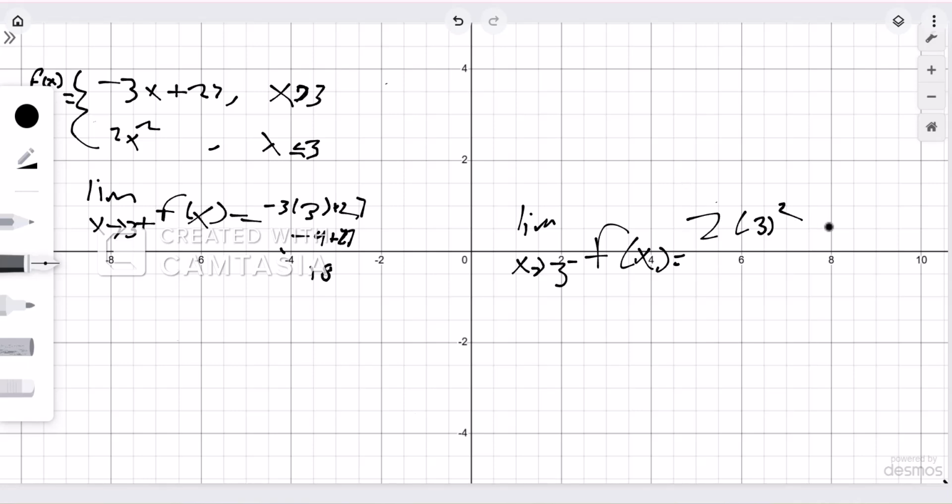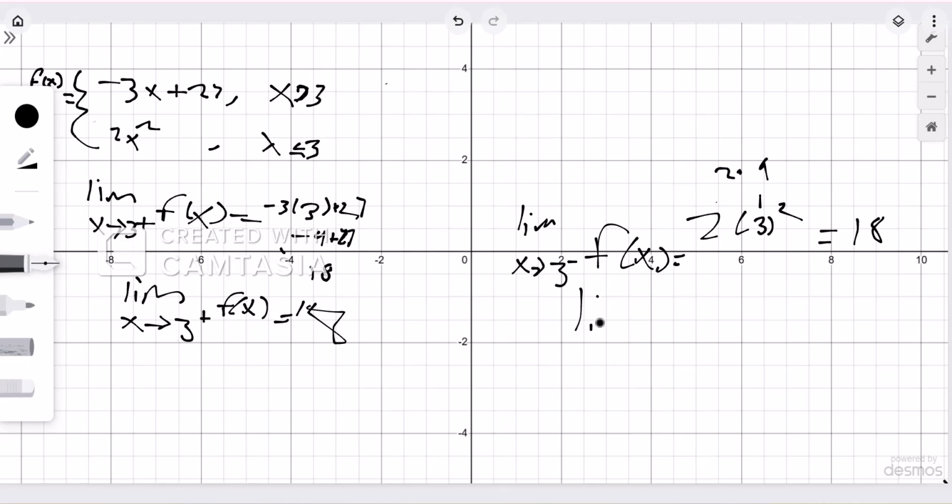This is going to be 9. 2 times 9 is 18. And I also forgot to put the limits. So always put down your limits. You don't want your teacher deducting points from you, even when you got the answer. You just have to discipline yourself.